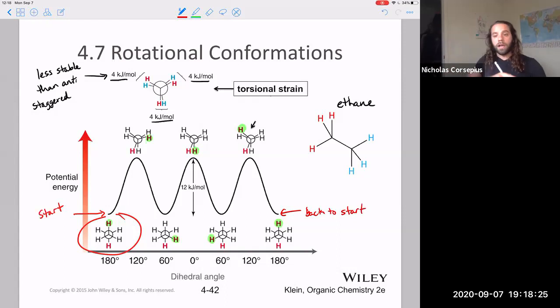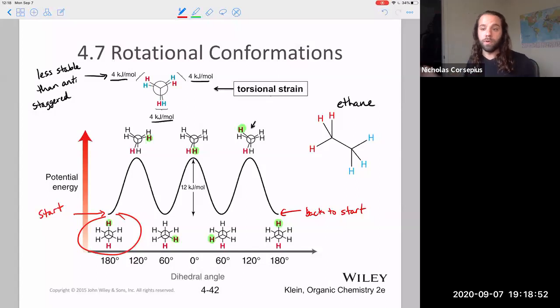So if it kept on going, I would just repeat through this potential energy diagram here. All right, so notice this is what we call a rotational conformational analysis, right? So we basically just went through and put numbers to what's going to happen as this molecule rotates about this single bond. You can see that what this diagram shows is that this molecule would like to spend most of its time in the staggered conformation.